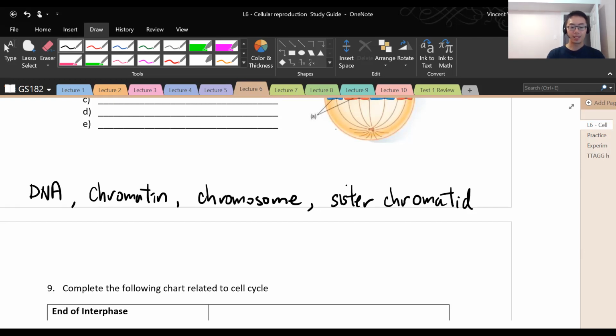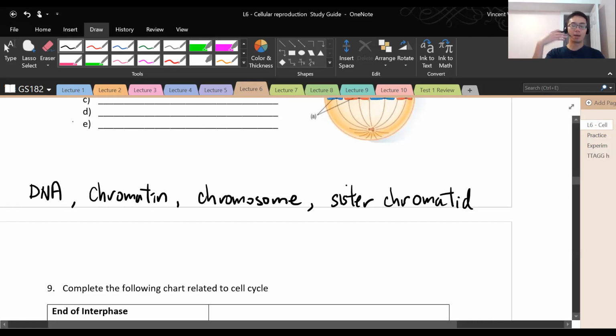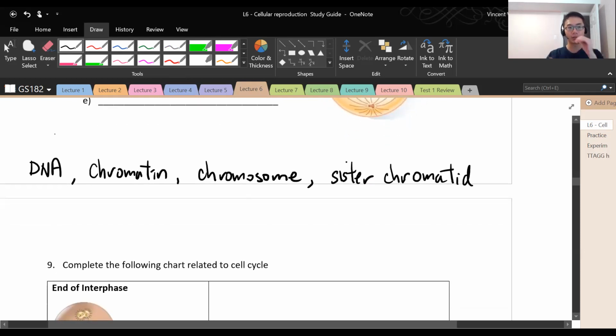Okay, well, maybe you explained it in your own mind. That's also good exercise. But here is the difference. DNA is just the macromolecule.